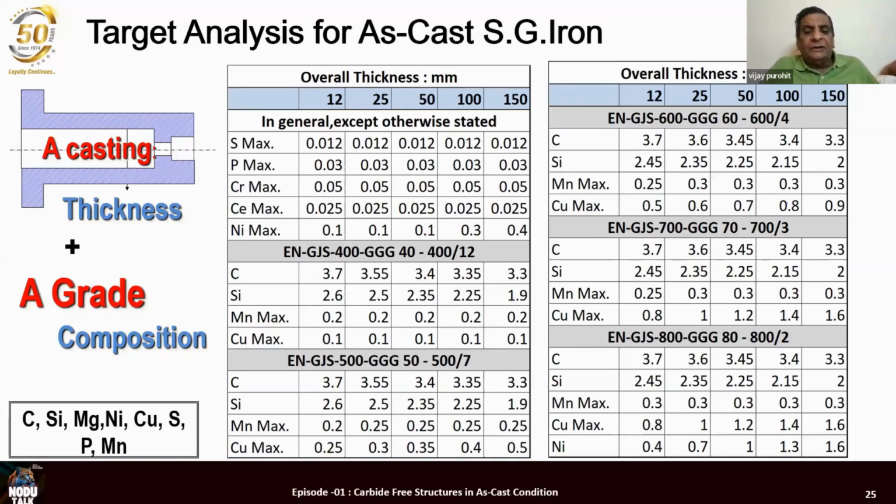As the wall thickness increases, the silicon content decreases. Why? We have seen in those figures. As the wall thickness increases, we have to reduce the carbon equivalent to avoid graphite flotation in the casting. Now, manganese maximum in these ferritic grades, see the figure, 0.2%. Please go back to your foundry and check how much is your manganese. Copper maximum 0.1% for all the wall thicknesses up to 6 inches, 150 millimeters.